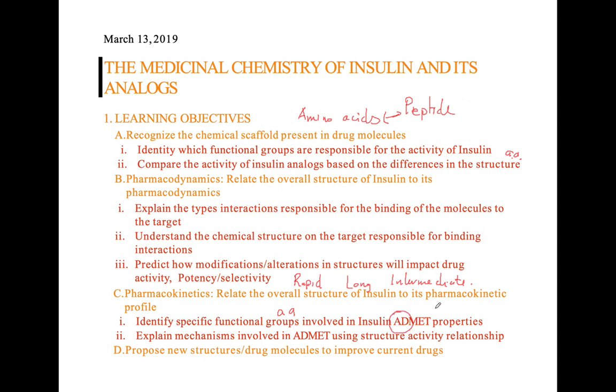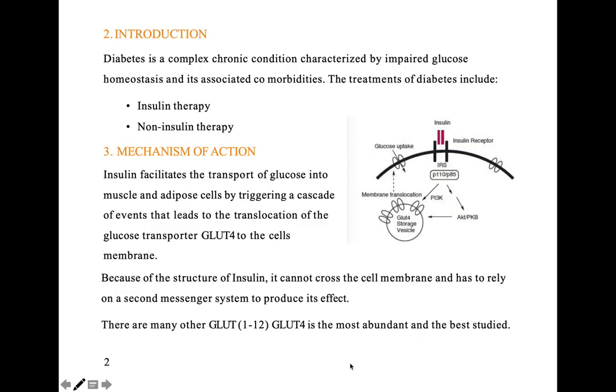We are focusing for insulin on the absorption and the distribution, and explain the mechanisms involved in ADMET using structure-activity relationship. And finally, propose new structures, new drug molecules to improve the current drugs. All right, so let's get started with this lecture.